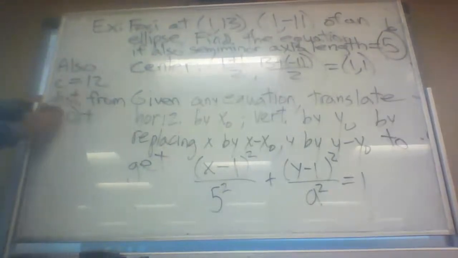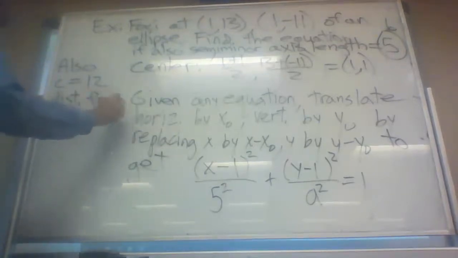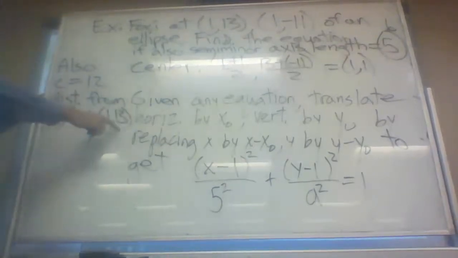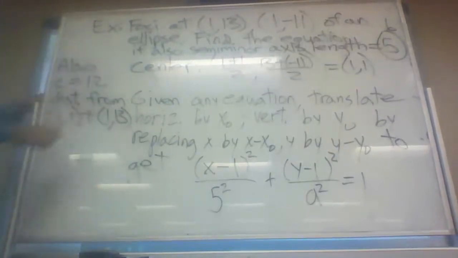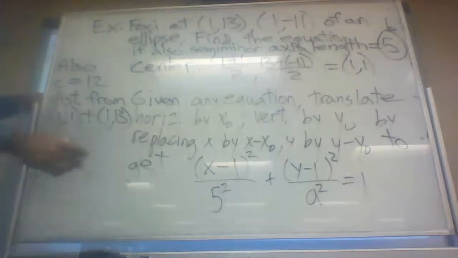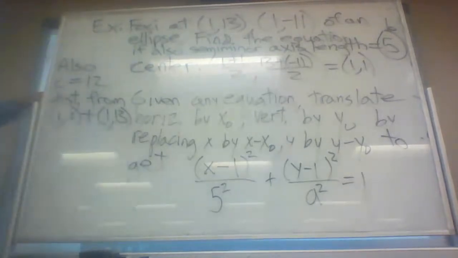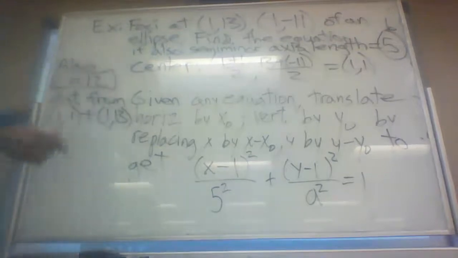It's the distance from the center, let's say not 0, 0, 1, 1, to either focus, let's say 1, 13. You just go 12 units in Y, so C equals 12 is the distance from the center to the focus.